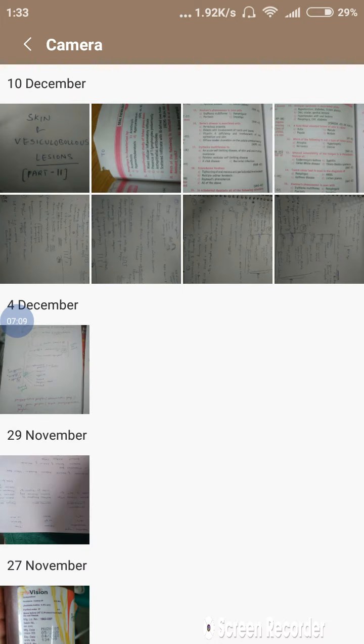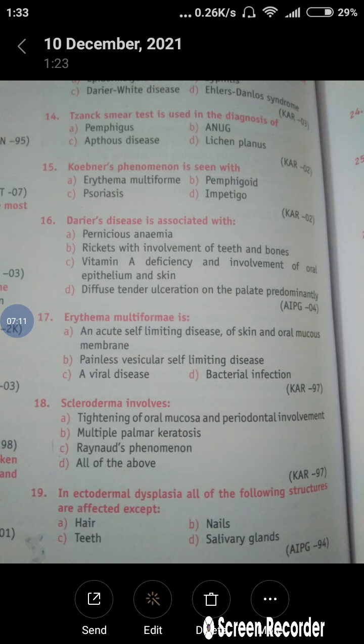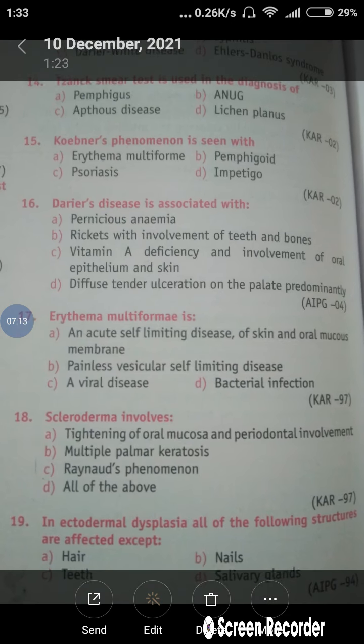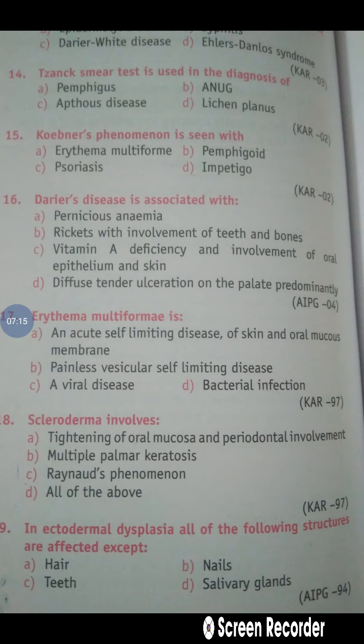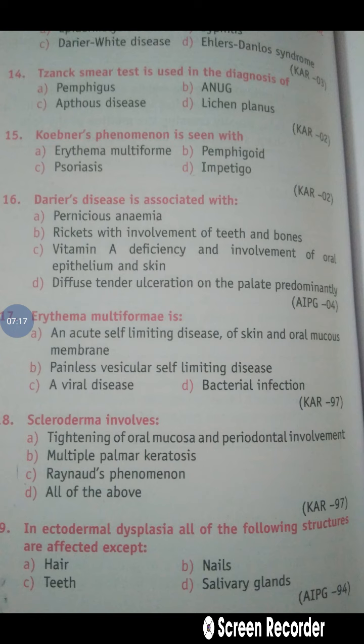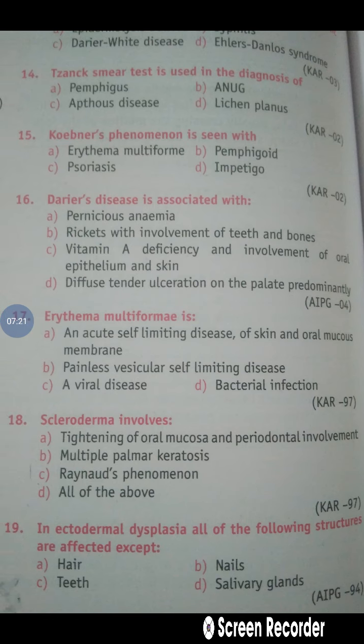Jump to question number 19, that is in acrodermal dysplasia, all of the following structures are affected except hair, teeth, nails, salivary glands. Now this is a tricky question. According to the fourth edition of Schaeffer's, the answer is D, that is there is no involvement of salivary gland, but as you're going to see in your textbooks right now, there is also involvement of salivary glands in the new editions.